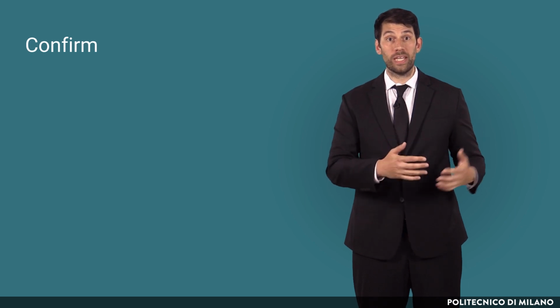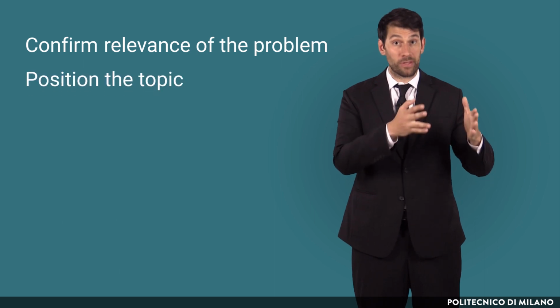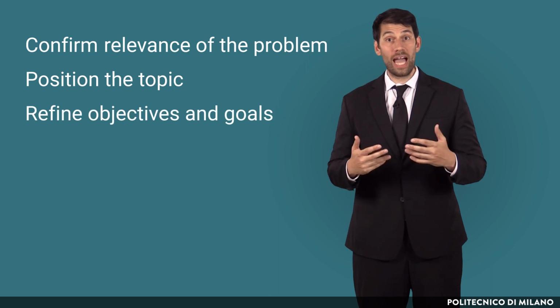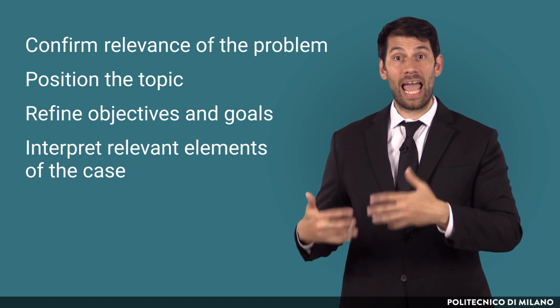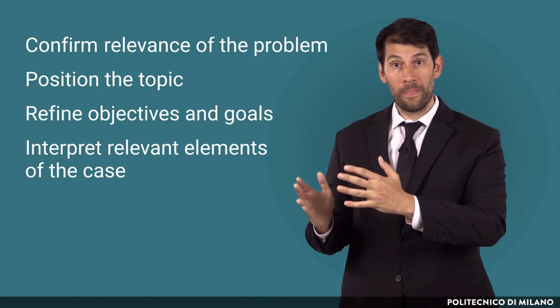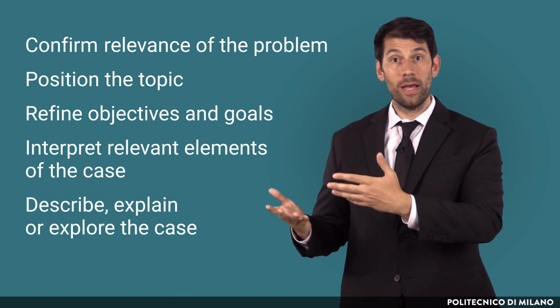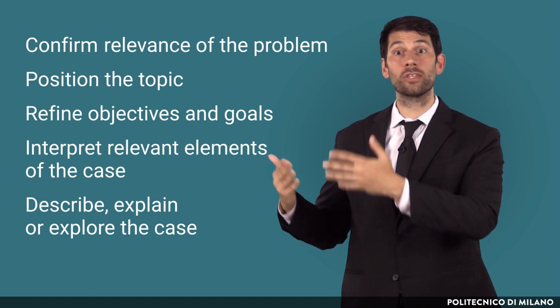Traditionally, literature is used in qualitative research to confirm the academic and practitioner relevance of the problem and position the topic, as mentioned earlier, refine objectives and goals, interpret relevant elements of the case through a theoretical lens, and describe, explain, or explore the case itself based on its nature: descriptive, explanatory, or exploratory.